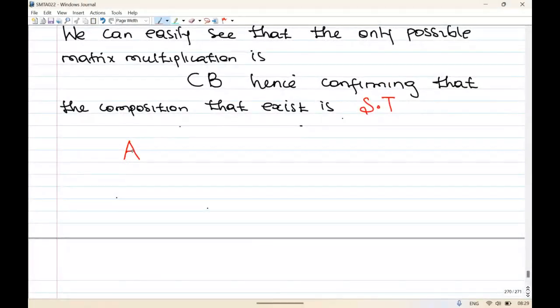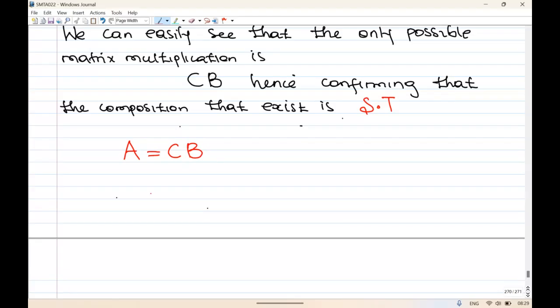You are going to have A will be equal to this C and then B. Do you all understand?